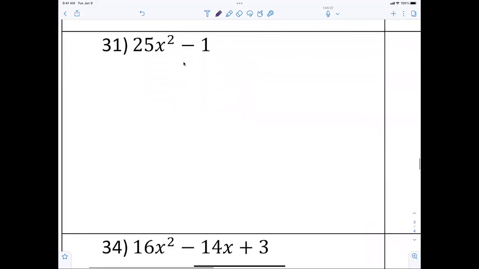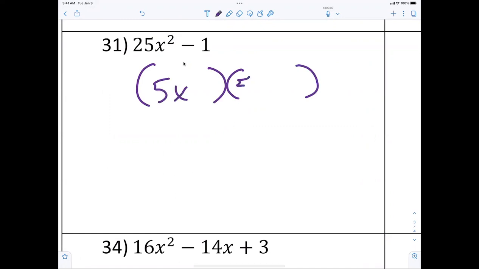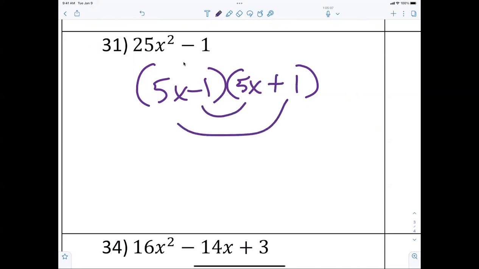How do I factor 25x squared minus 1? 5x and 5x. Thank you for speaking up. And 1 is right, because the middle term is 0. They have to be opposites. All right, that was a nice one.